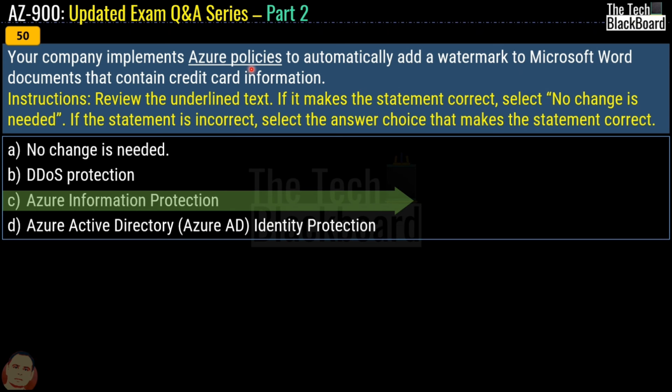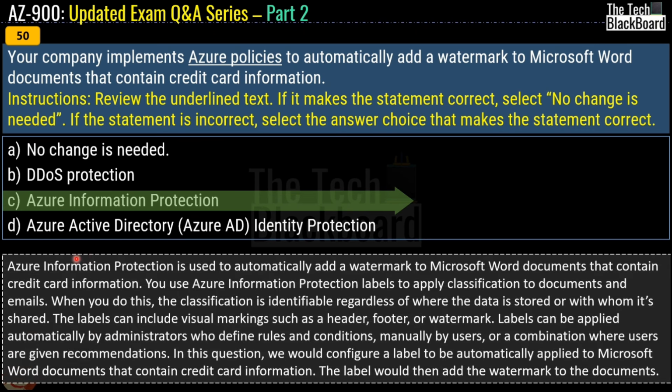So it's not Azure Policy that can help you add a watermark to the Word document, but Azure Information Protection, sometimes also known as AIP. Here comes a little more information: this is used to automatically add a watermark to Microsoft Word documents that contain credit card information.